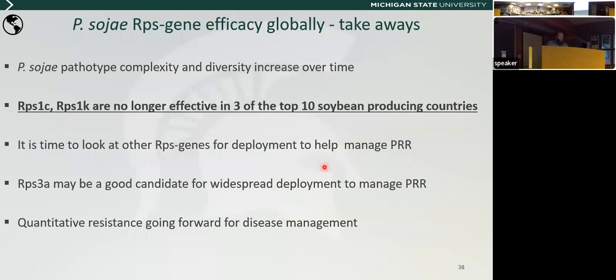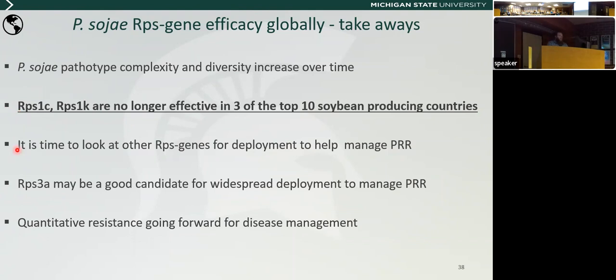So takeaways from this project: we did determine that Phytophthora sojae pathotype complexity and diversity increases over time, at least in the countries for which there was data to test that. We also identified the loss of RPS1C and 1K in 3 of the top 10 soybean producing countries: Argentina, the US, and Canada.